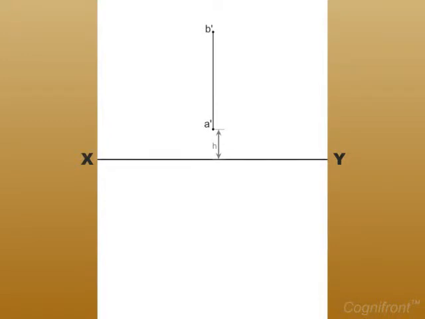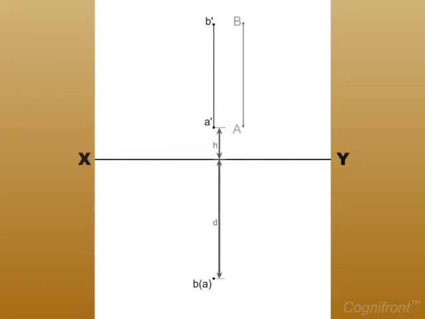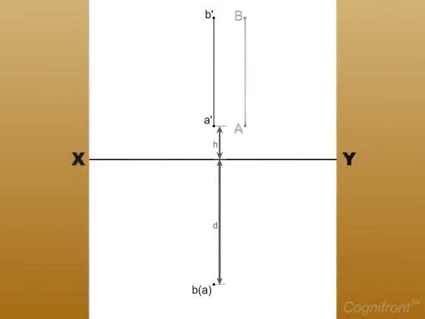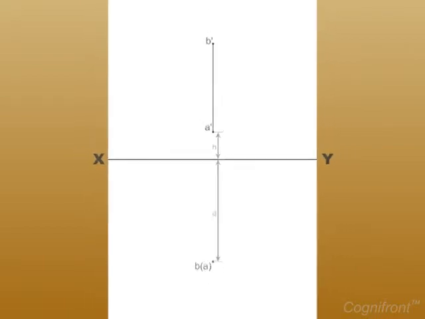Next, mark a point BA below XY at a distance of D units in line with line A'B'. Line A'B' and point BA are the projections of the line AB on VP and HP respectively.